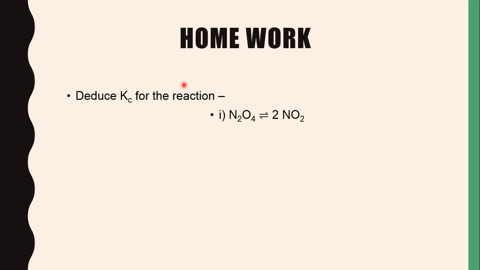First one, N2O4 giving 2NO2. Second reaction, PCl3 plus chlorine giving PCl5. And the third reaction, nitrogen plus 3 hydrogen giving 2 ammonia. You will do this homework at home and submit it in your messenger group. I will give you a fixed time, and by that time you will submit this homework.